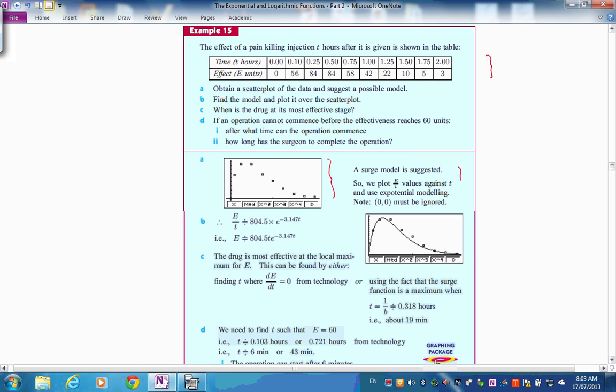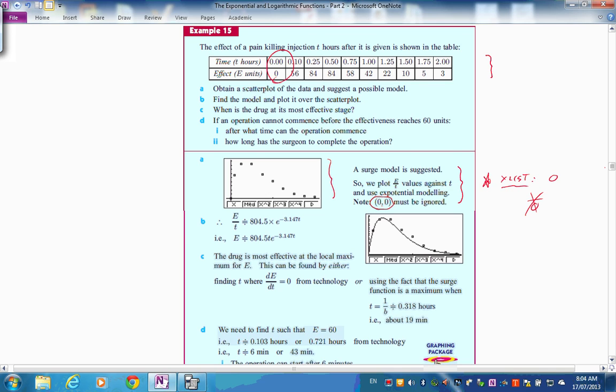So you plot E over T against T, use exponential modelling. Now the important thing here, and I didn't mention that before, 0, 0 here has to be excluded. So just notice that there. You can't have 0 in the X list because you're going to be dividing by the X list values, list 1 values.